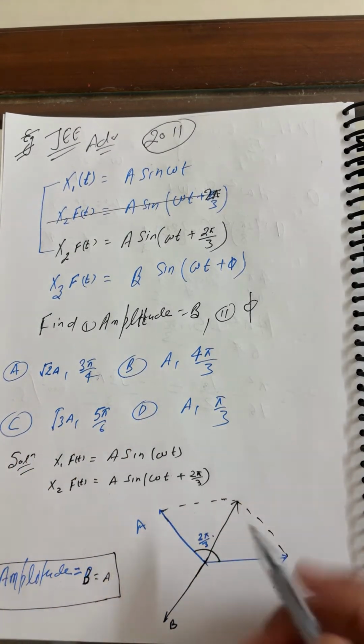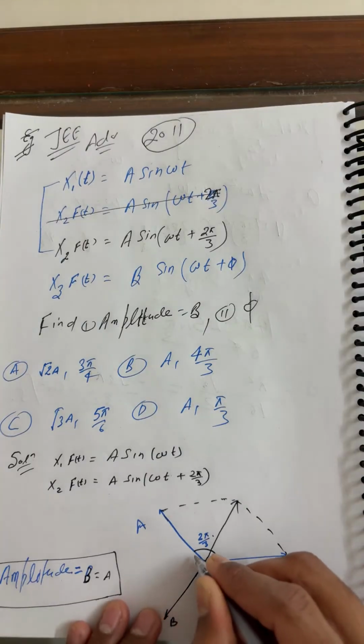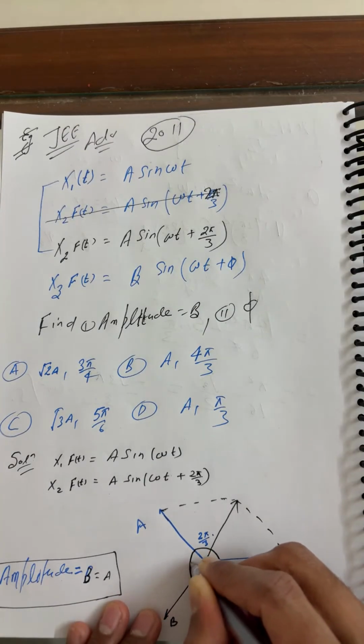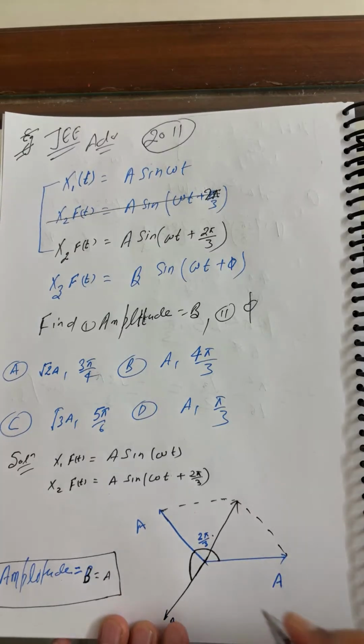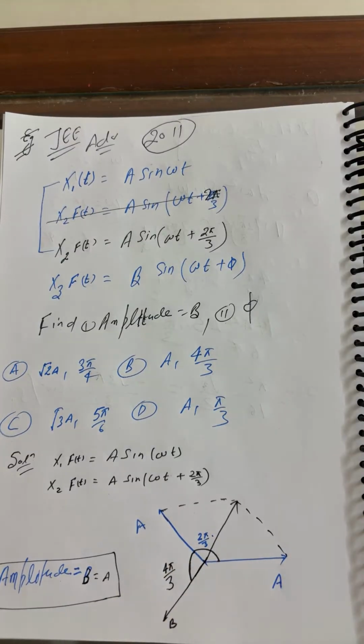So we have to first find what the phase difference finally is, right? So this is 2 pi by 3 here. What about this angle here? This is 4 pi by 3.